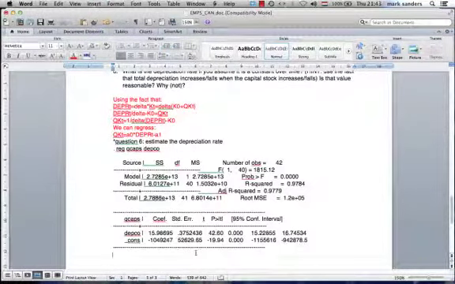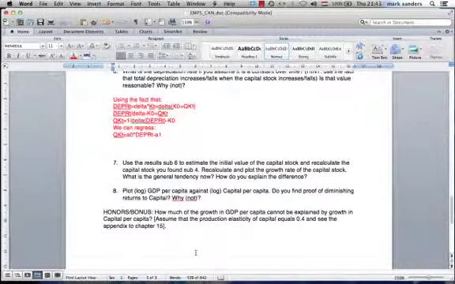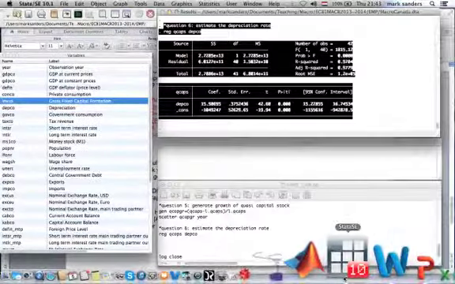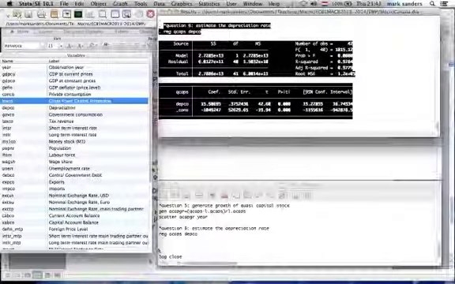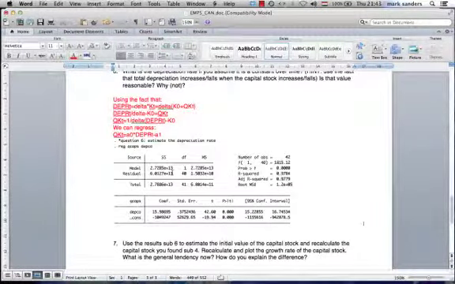Oh, I don't want it that way. Let me go back, copy it as a picture, put it here. This regression implies the average depreciation rate in Canada is 1 over 15.98.